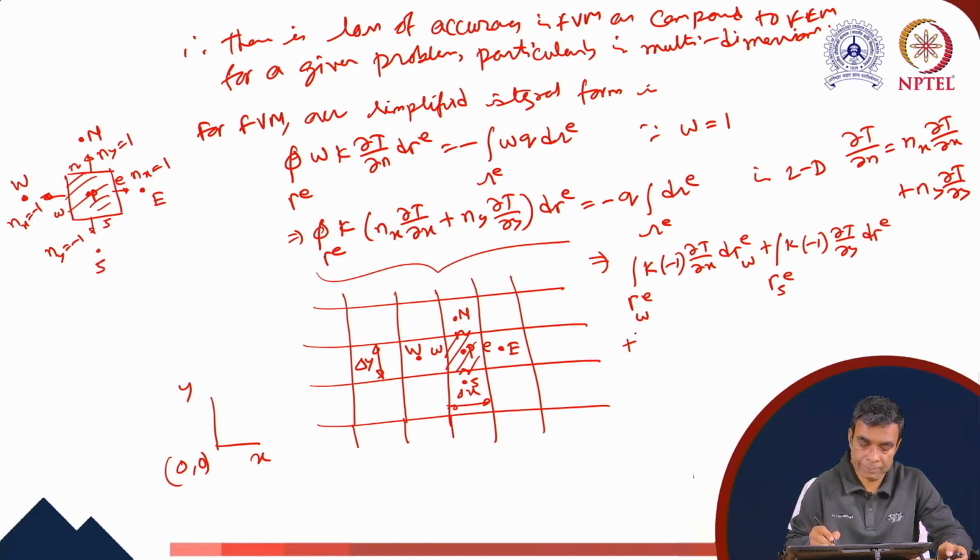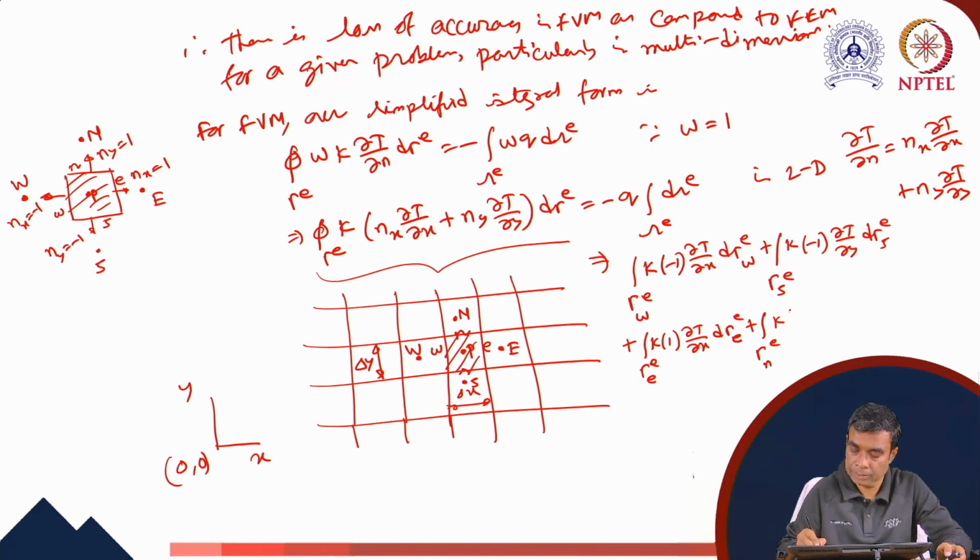For the east face, we have the integration over gamma e of k into 1 into ∂T/∂x d gamma east, plus the integration along gamma north e of k. Here ny is positive, so ny is 1, then it is ∂T/∂y d gamma e, equals minus q into omega e.